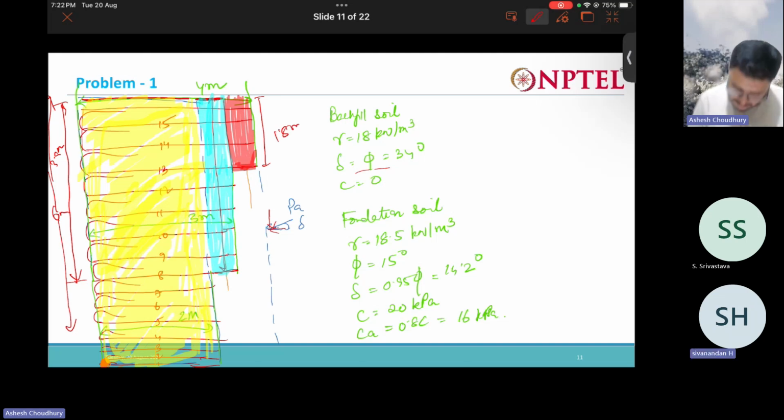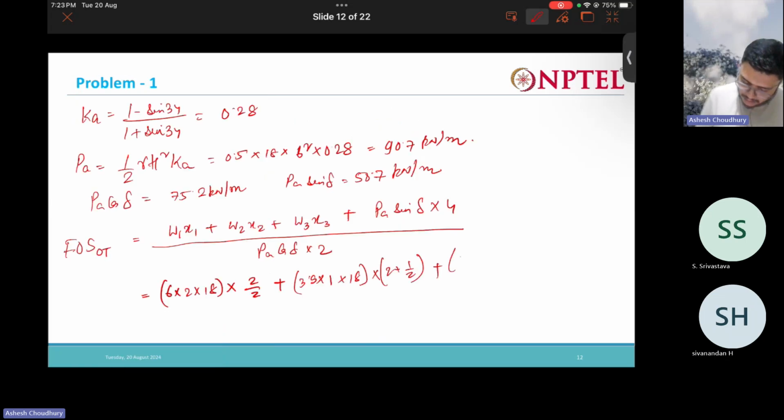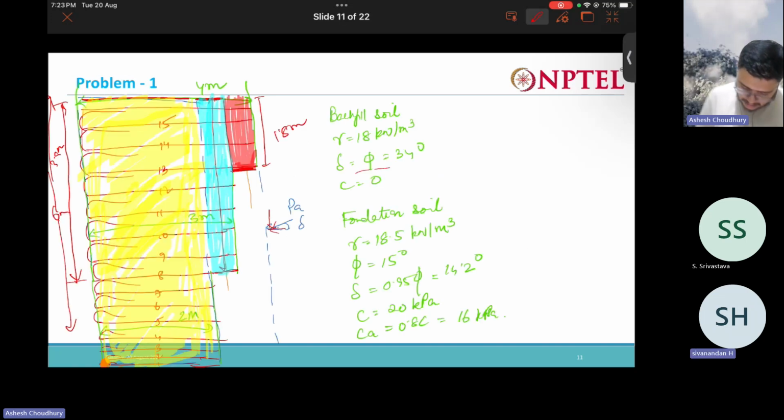So 1.8 times this width, again 1 meter, times 18, times 2 plus 1 plus 0.5 by 2.